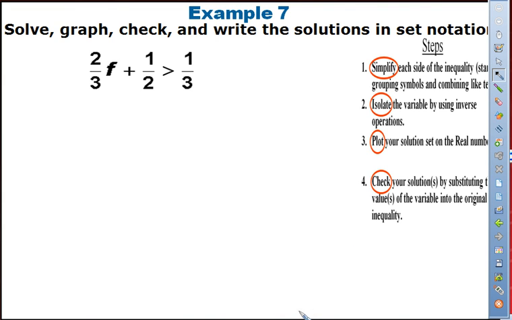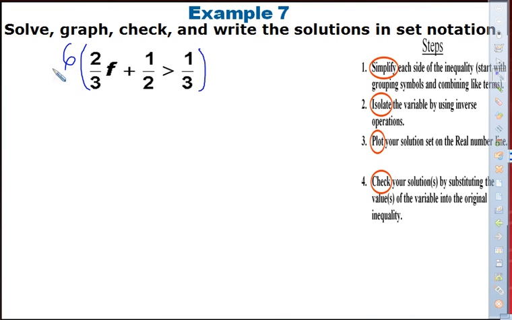Yes, we do. We've been doing these. Do we have fractions all over the place? Yes. So to get rid of the fractions, we need to multiply by the lowest common denominator, the LCD. What is our LCD? 6. Keep it down, please. 6 times 2, that's 12, and the denominator stays the same, f, plus 6 times 1, that's 6 over 2, greater than 6 times 1, that's 6 over 3.